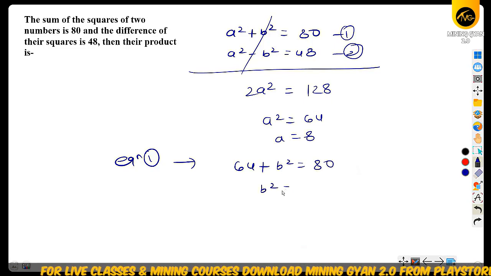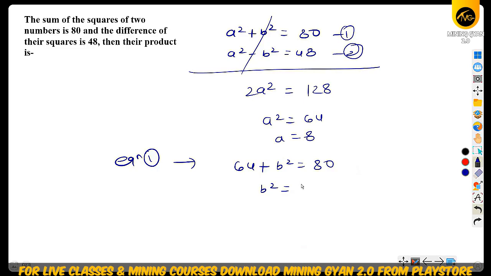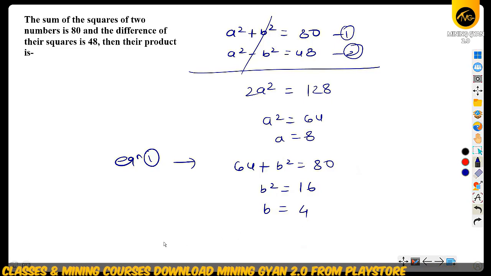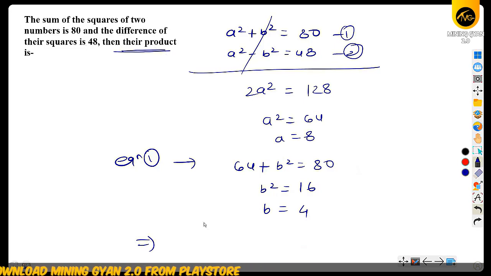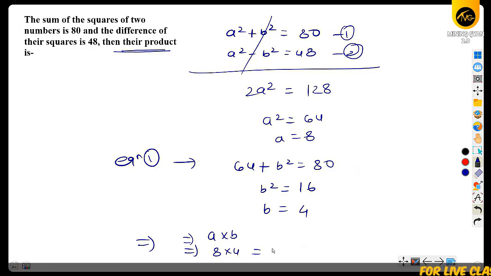Now B square is equal to 80 minus 64, that means 16. So B is equal to 4, right? 4 square is 16. Now the question is the product of those numbers. So the product is A into B, that means 8 into 4, 32. Correct.